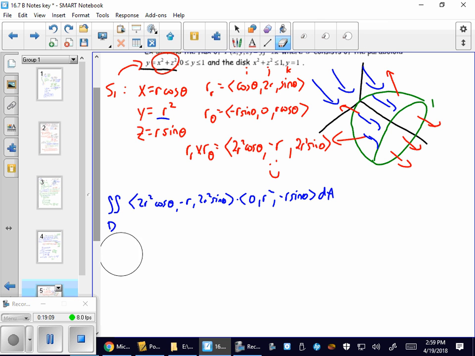Let's see what we get when we dot this. I'm going to save writing this because we'll write the bounds in. When we dot this, we're going to get 0, negative r cubed, minus 2r cubed sine squared theta.